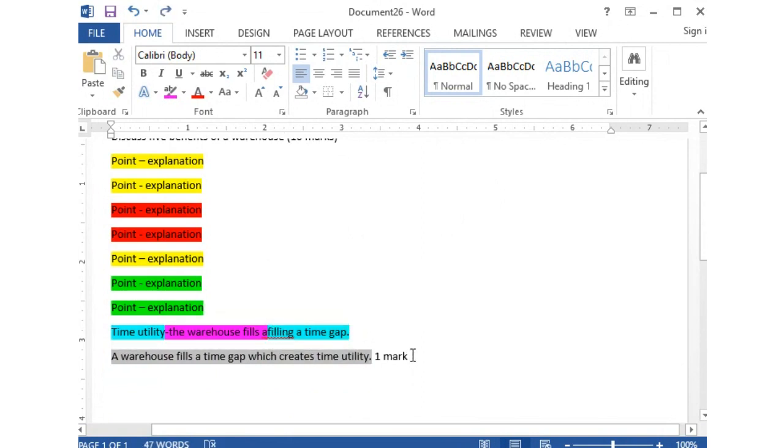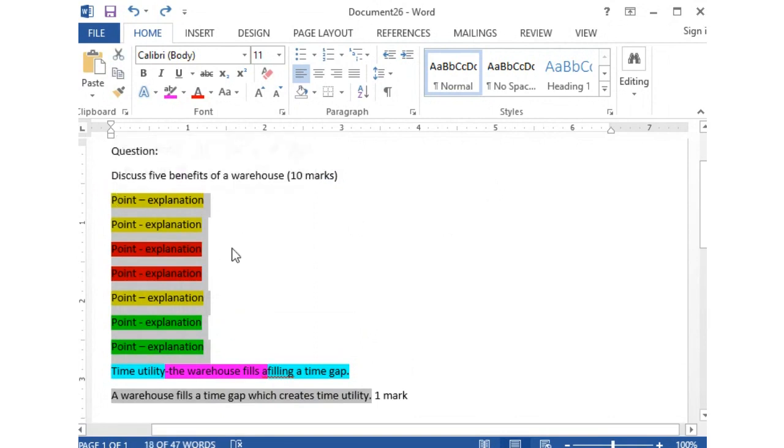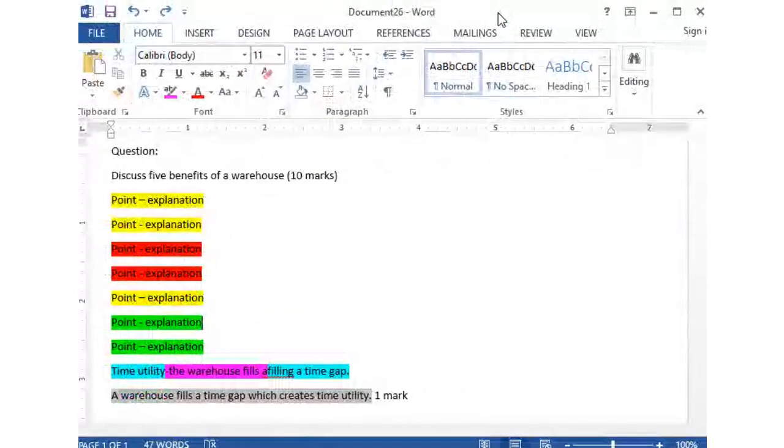The one in gray is not using a hyphen, and the examiner will generally not select for you which one is the point and which one is the explanation. So you will get 1 mark. Even if you write 7 points, that will be 7 out of 10, meaning you keep losing a lot of marks up to the end.